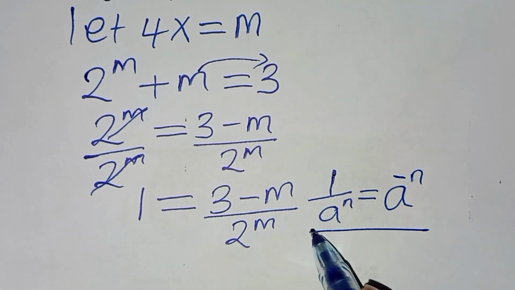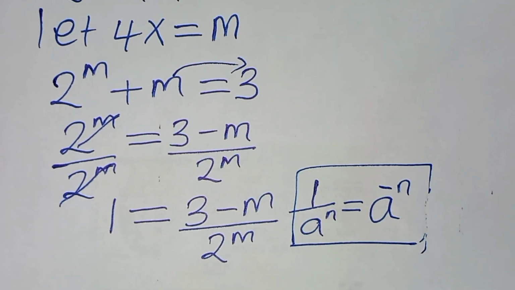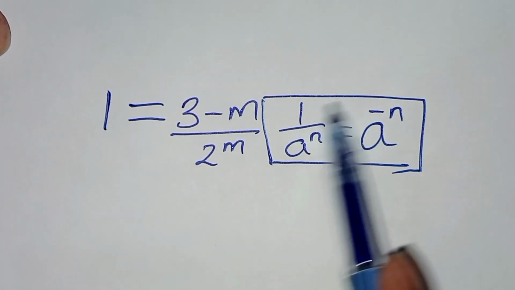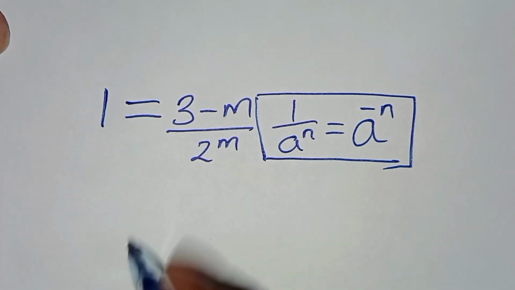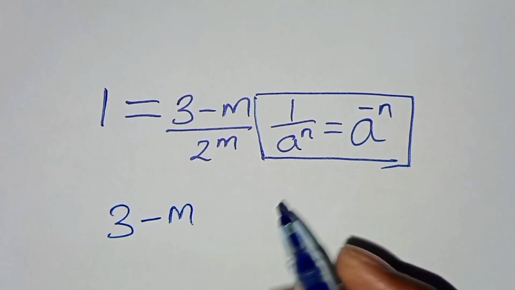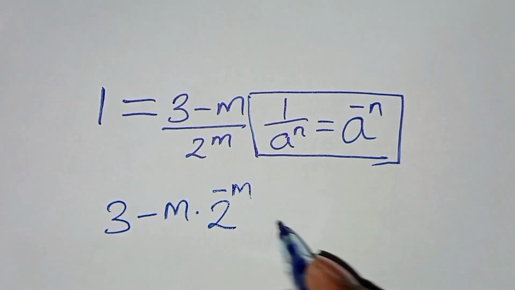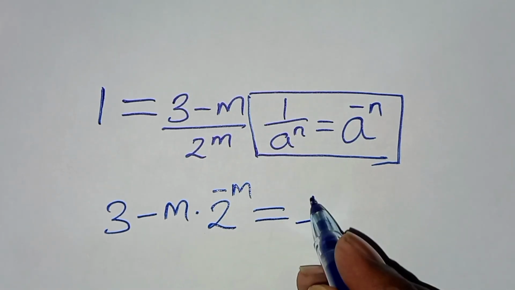So applying this exponent property, this is the same thing as 3 subtract m multiplied by 2 to the power negative m, this is equal to 1.